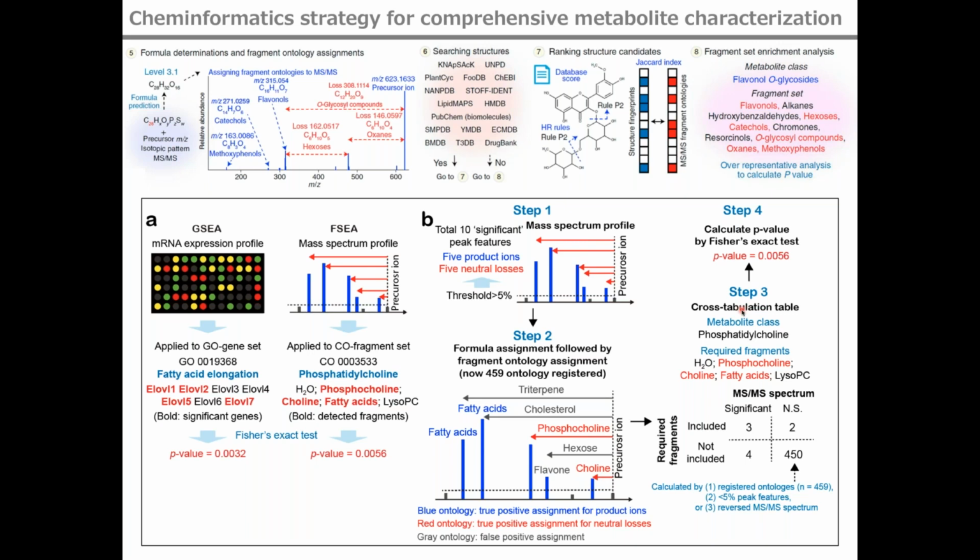Finally, the count for the bottom right panel is automatically determined by considering the total count of registered ontologies, which currently contains 459 ontologies in our database. The p-value is estimated by Fisher's exact test with this 2 by 2 cross table.